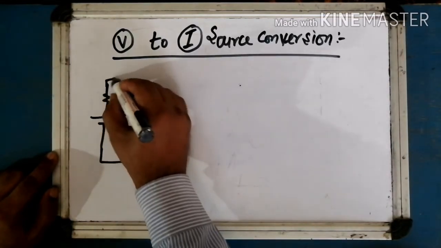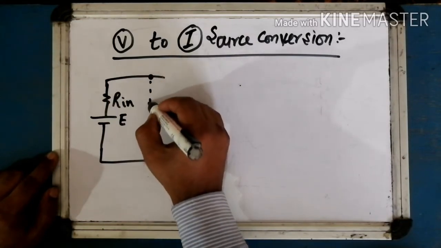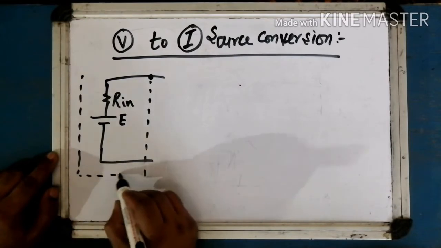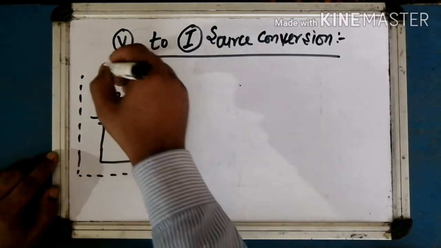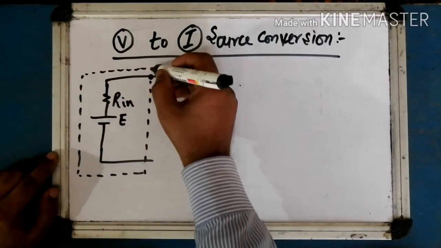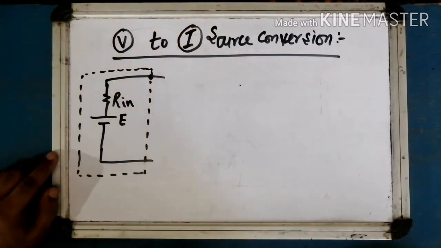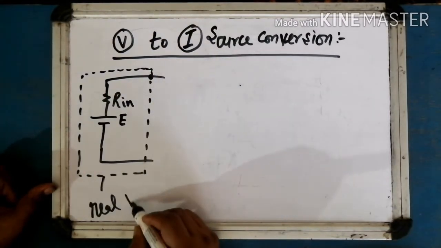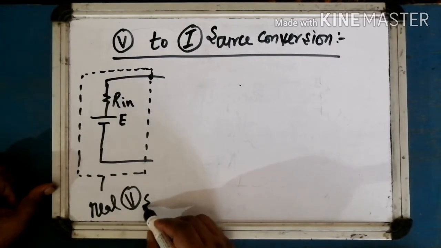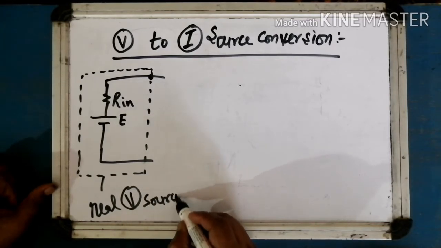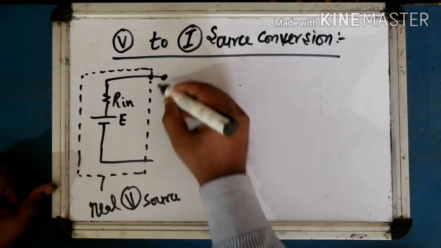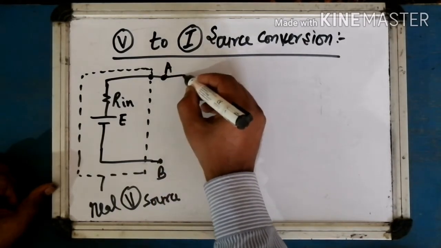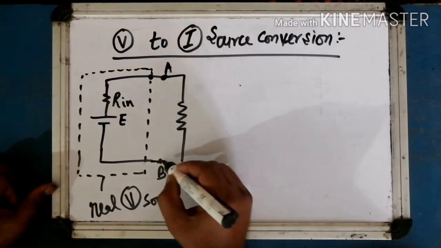So from this point to this one, or you say the portion inside the dotted one, is known as real voltage source, right? Here 2 points A and B and load is connected over here.